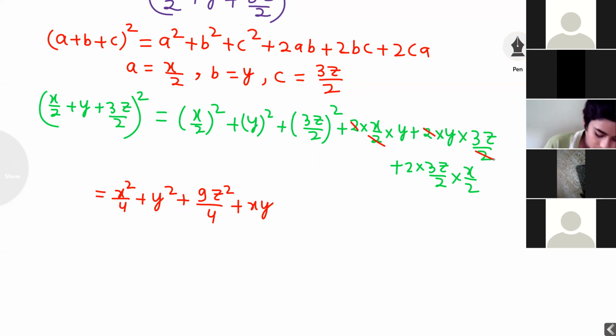Plus 3yz. And this 2 cancel. 3xz by 2 plus 3xz by 2. Note down everyone.